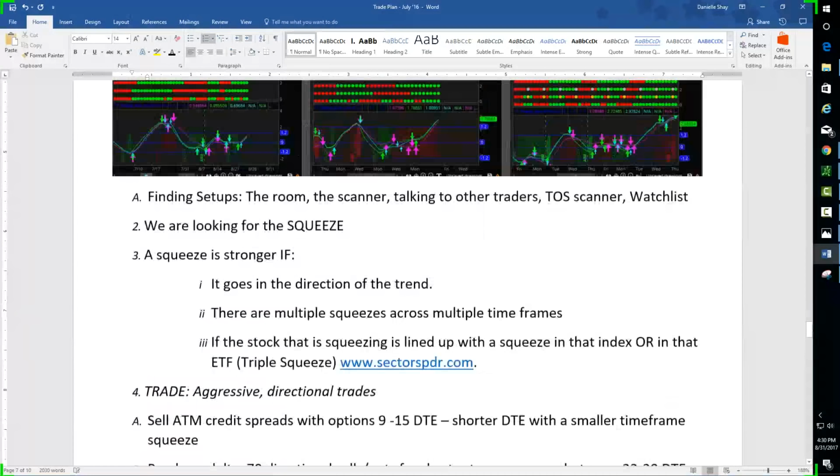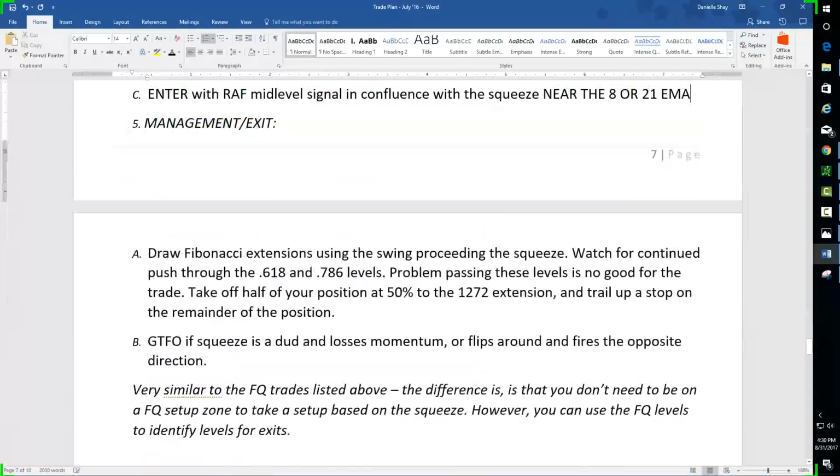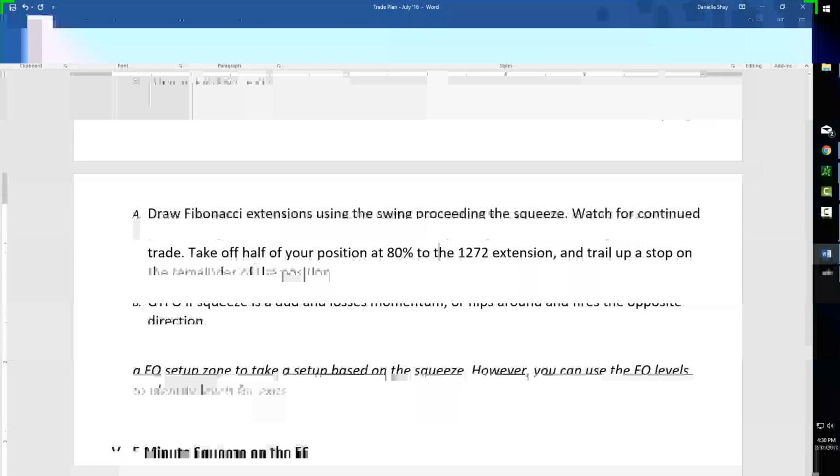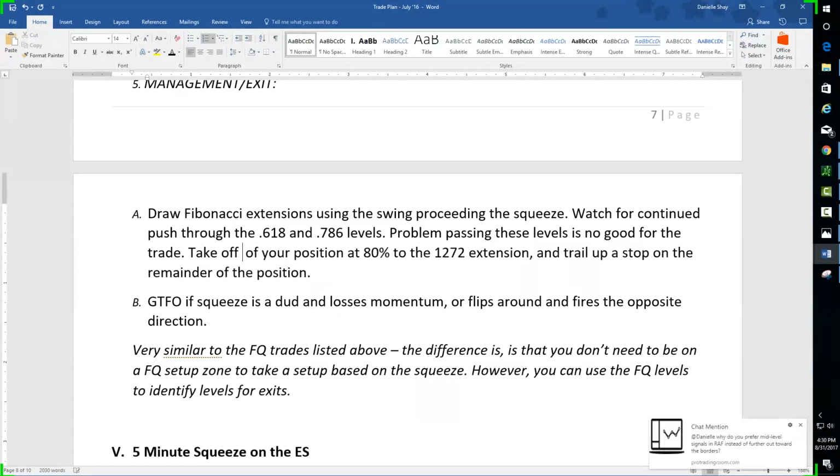Okay, so management and exit. I used to be even more conservative. Take off half your position at 70%. And no, I'm saying take off 2/3 of your position at 80% of the 1272.